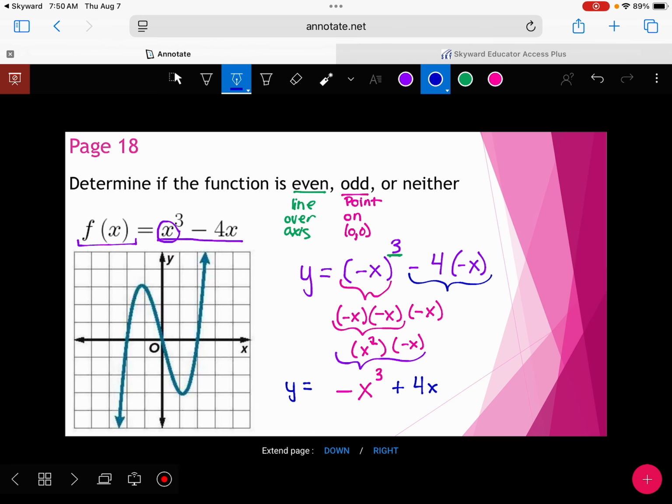What we want to know, and the way we can test if this is odd or not, is if this is the exact same thing as if I multiplied through by minus 1.